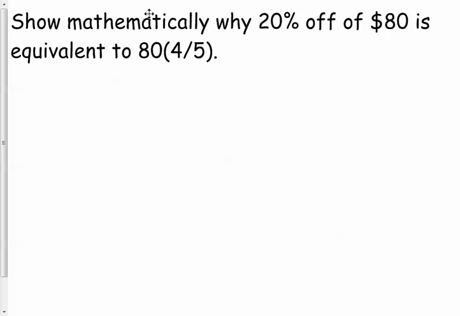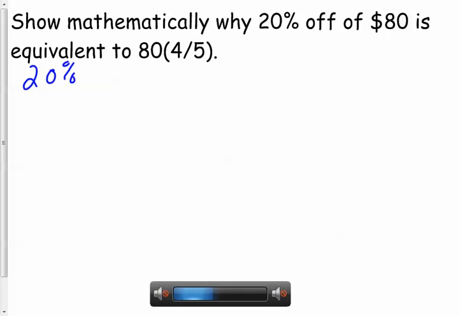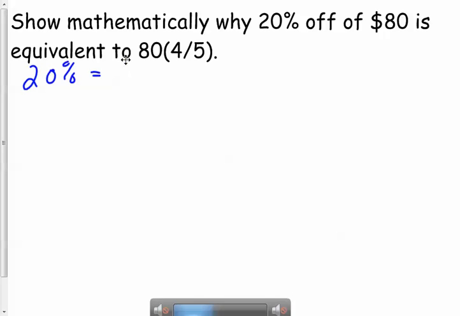All right, well, let's look at this. 20%. What are all the ways I can write 20%? Well, 20% can also be 1/5 or 0.2, right?